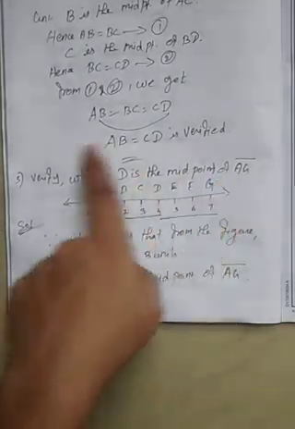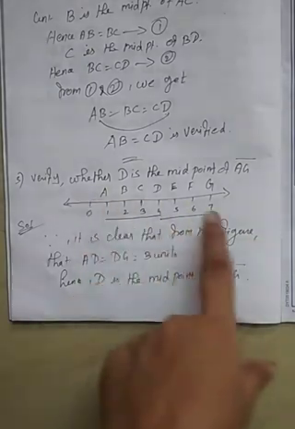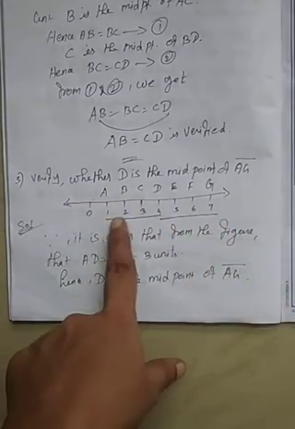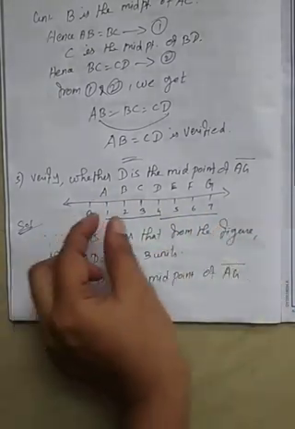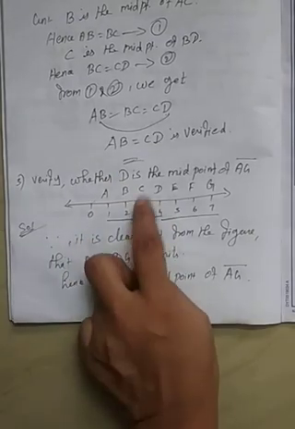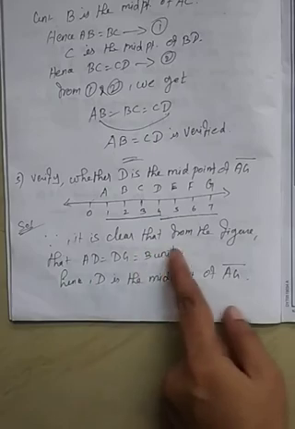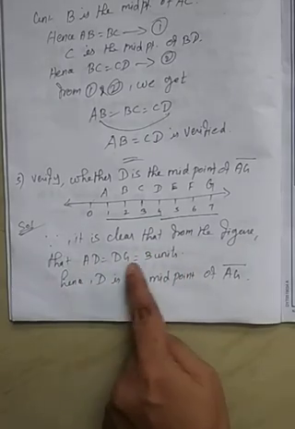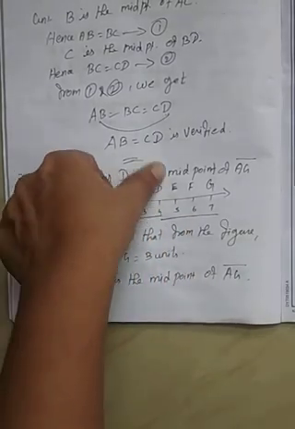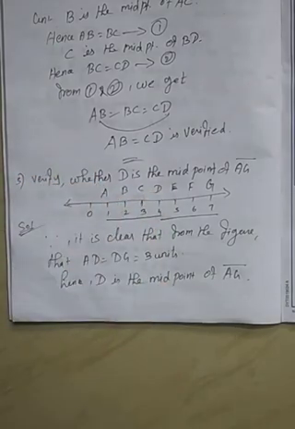Okay, in this diagram it is clear from the figure that AD equal to DG, because AD equal to 3 units, DG equal to 3 units. Both are equal. So see here, D is the center point. So D is the middle point of AG. Everybody clear? Thank you.